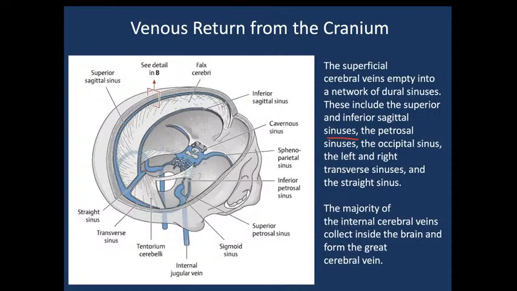Inside of this structure the sinuses are located, and it is visible the superior sagittal sinus here, and the inferior sagittal sinus, direct or straight sinus, transverse sinuses, cavernous sinuses, and the biggest one is the sigmoid sinus.